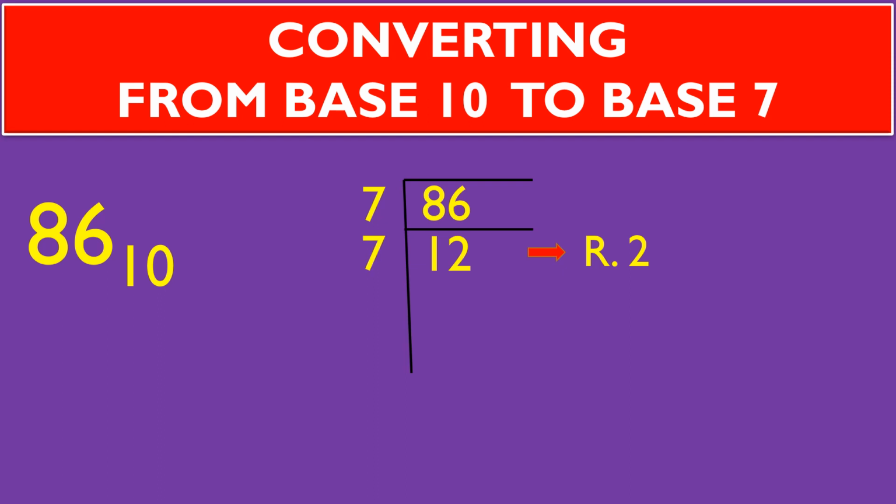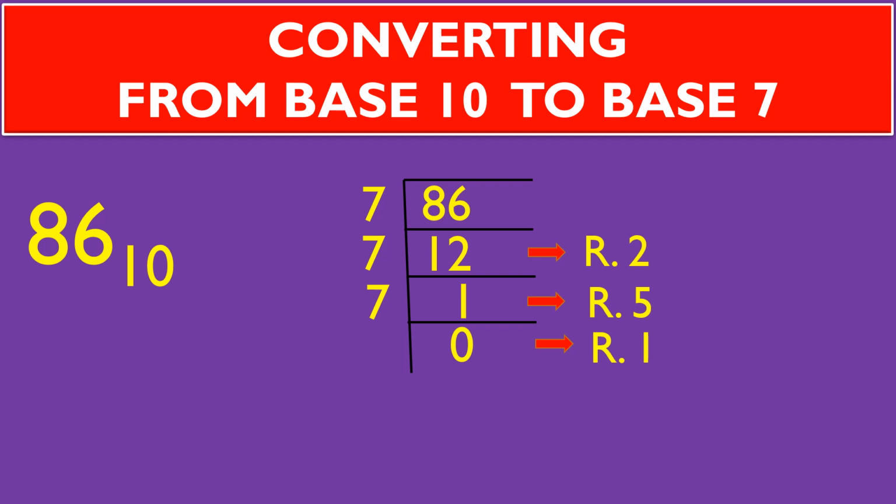We divide again by 7. How many times can 7 go in 12? Once. So we have 1. And then 7 times 1 is 7. 12 minus 7 is 5. So we have a remainder of 5. And then finally we divide 1 by 7. How many times can it go into 1? It's 0 times. And then the remainder is 1.